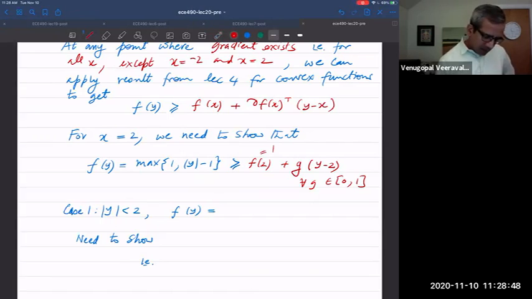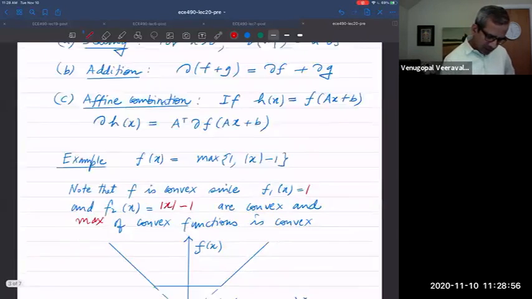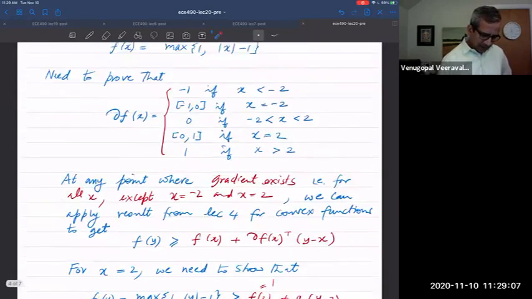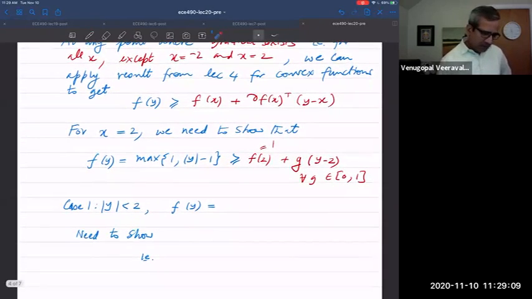Okay, so let's look at the case when the absolute value of y is less than 2. Then we know from this function that in this range from -2 to 2, the function is basically equal to 1. So f(y) is equal to 1.